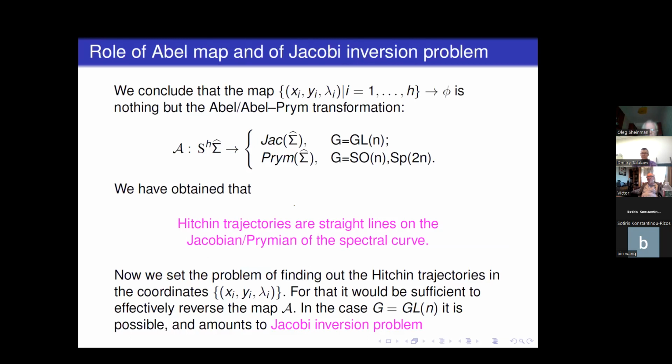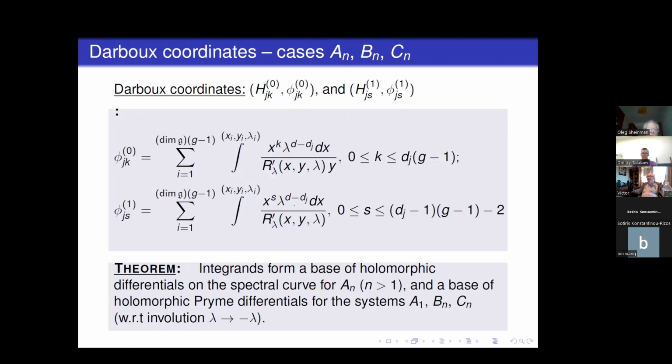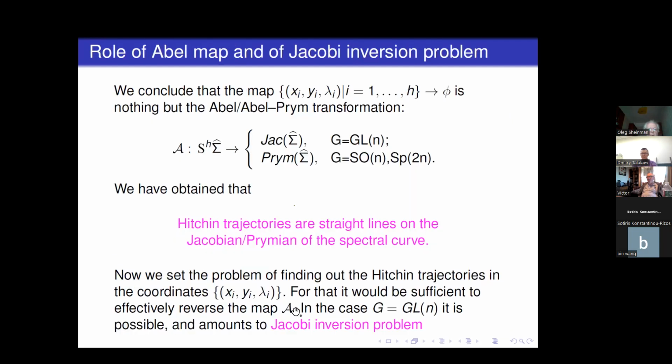Now we conclude from the last theorem that the map which takes the points of our phase space to points phi is nothing but the Abel or Abel prime transformation.